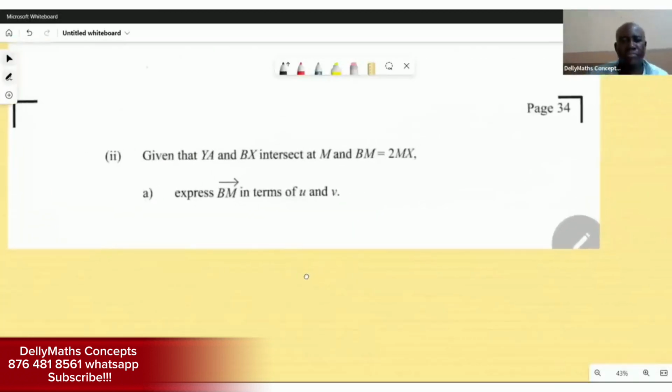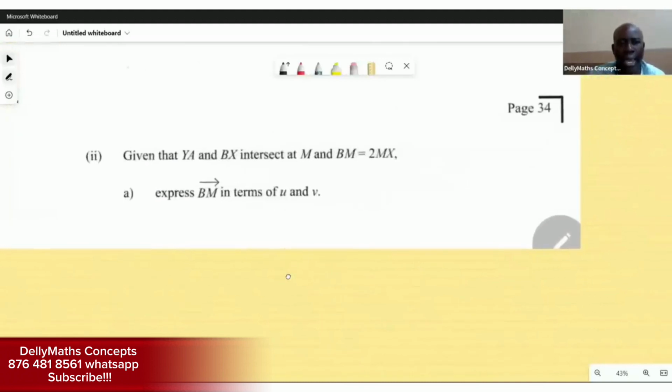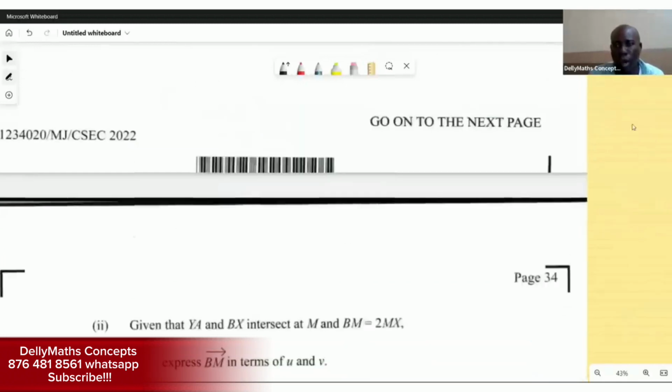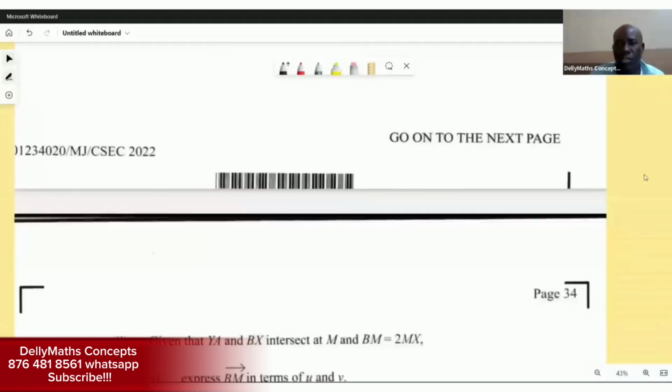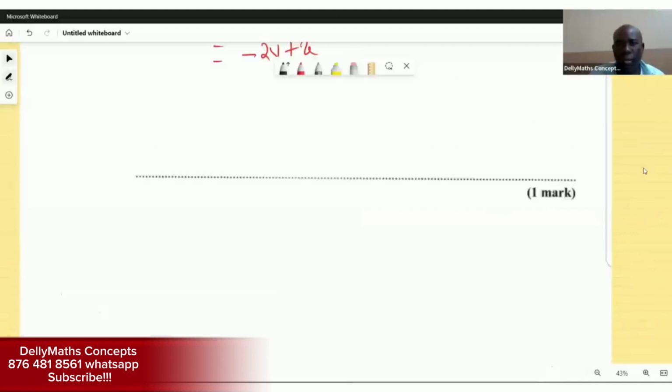It says, given that YA and BX intersect at M. All right, so there's an intersection going here. So we're talking about BX and YA. Where's YA? Where's BX?